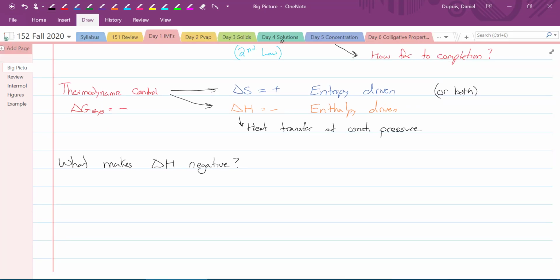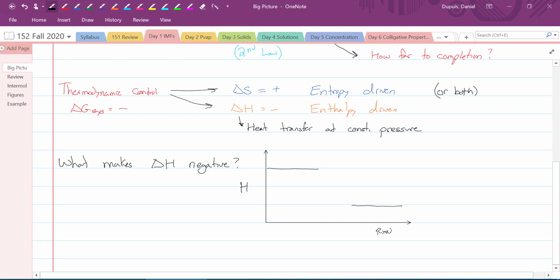That's a great question. If I have H here, enthalpy, which is heat content, it's kind of like chemical potential energy. What makes, in the reaction, if I have, for example, C3H8, propane, oxygen gas, carbon dioxide, and water. If we burn propane, energy comes out, right?